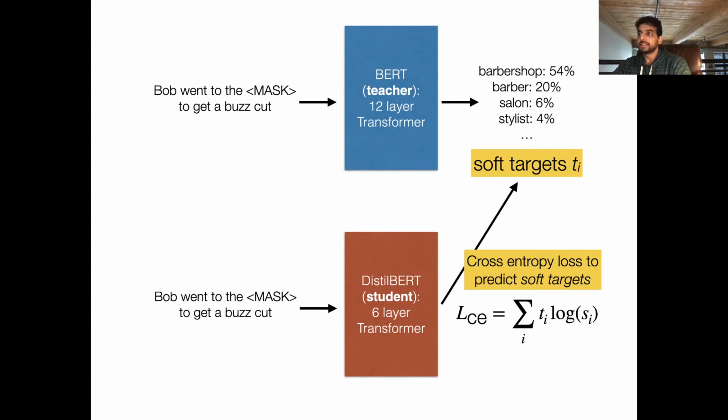So instead, what you could do is do a single pre-processing step, essentially, where you run all of your training data through the teacher model and cache the predicted distributions, and then use those to train your student model. So there's no actual forward pass of the teacher model during the training process.